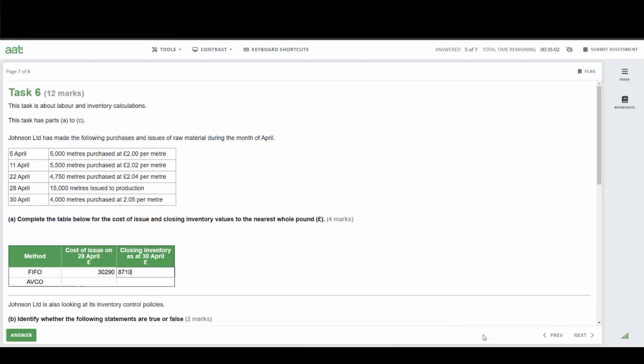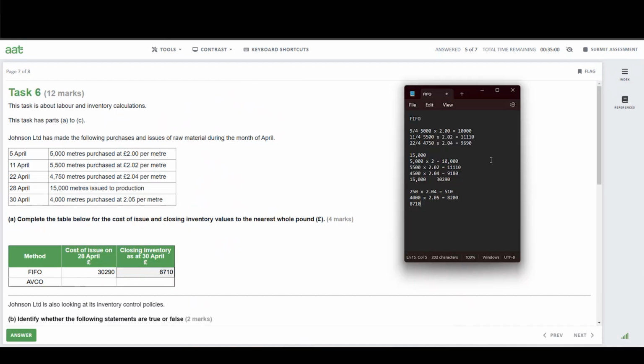There is another way that we can work out closing inventory. We can add together all of the receipts and subtract the cost of issue. So let me just write that down.